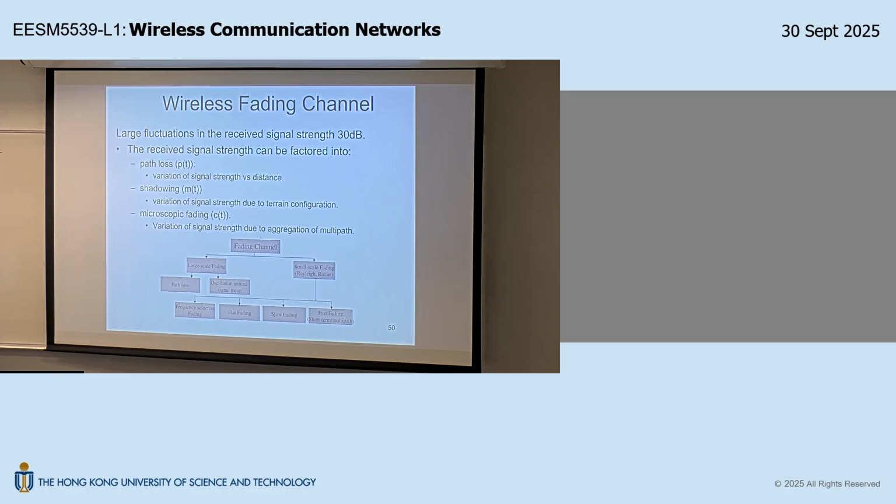Based on this model, we then talk about the impairment to the physical layer digital modulation and demodulation. Once we understand the impairment, we talk about typical solutions, the solution roadmap to overcome these impairments. So our starting point is to build a model for microscopic fading. Let's first talk about the concept of so-called channel modeling.